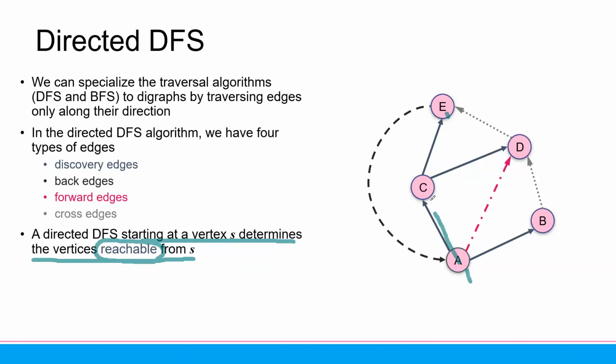So I can go to C and then to E. So it is reachable. And you can also see from A to D, you can go A to C, C to D. So the concept is similar to DFS, but we have a directed edge.